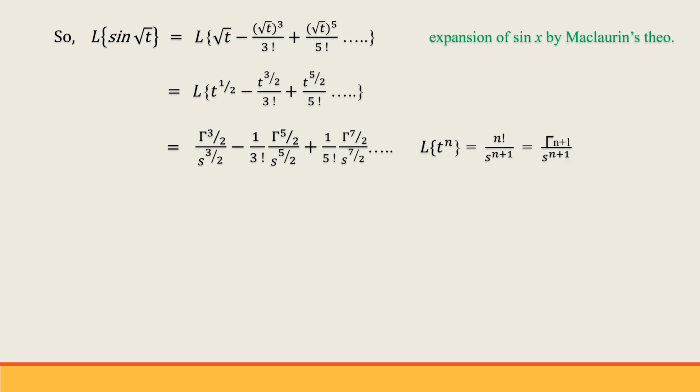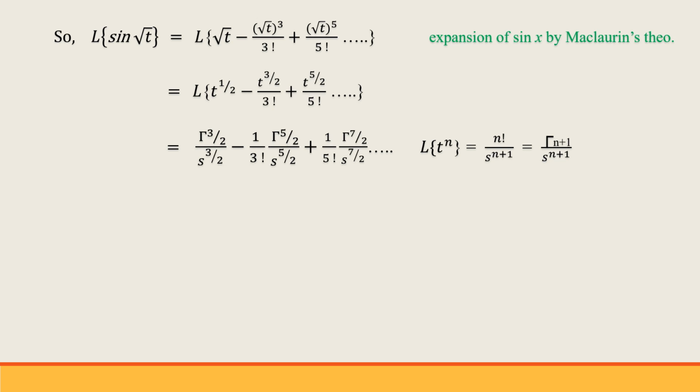So we get gamma 3 by 2 upon s raised to the power 3 by 2 minus 1 by 3 factorial gamma 5 by 2 upon s raised to the power 5 by 2 plus 1 by 5 factorial gamma 7 by 2 upon s raised to the power 7 by 2 and so on.